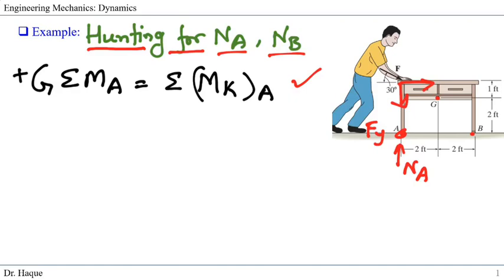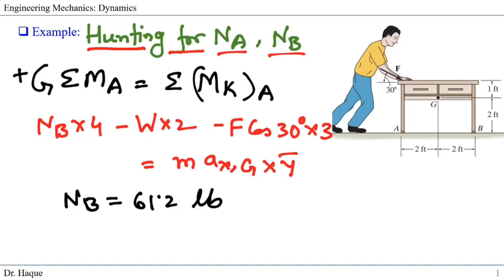So for now, let's take the moment about point A. That will reduce two variables, so it may be useful. You can always take moment for point B and G. Those will also lead you to the solution, but it may take longer.